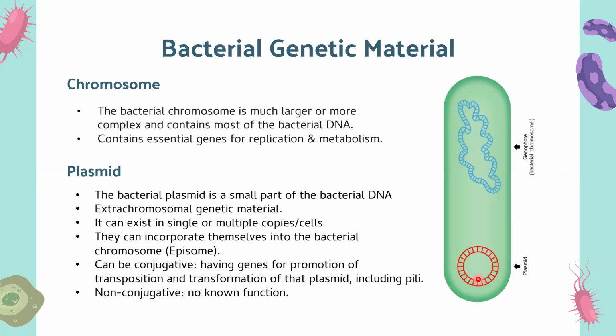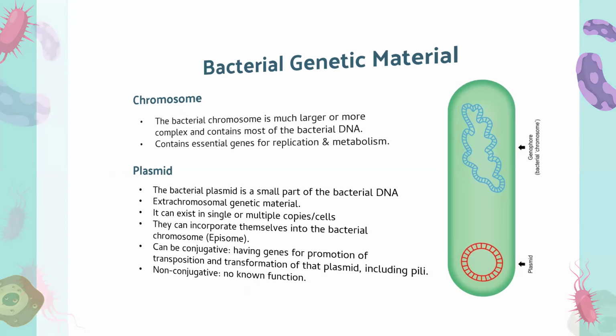Also, if the plasmid is the one that really interacts with the surroundings, then it needs to be able to do four other functions where it can resist antibiotics, it can resist harmful chemicals in the surroundings. It should also be able to metabolize things in the surroundings in order for its survival. Thirdly, it should be able to kill nearby bacteria that it competes with for nutrients. And lastly, it should be able to cause disease, right? Because that is the whole point here.